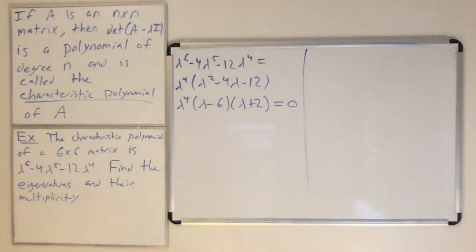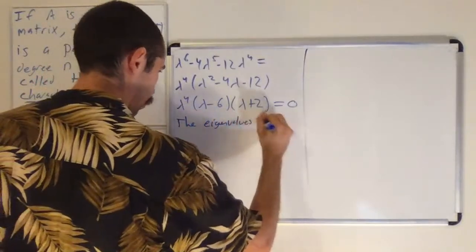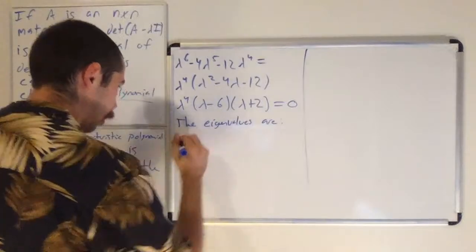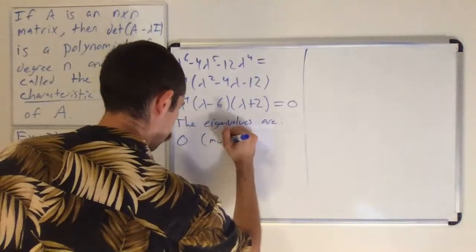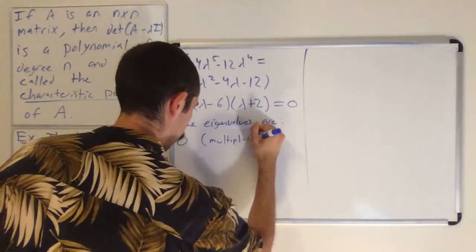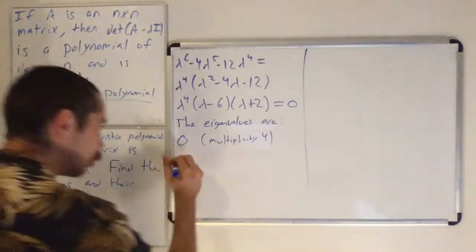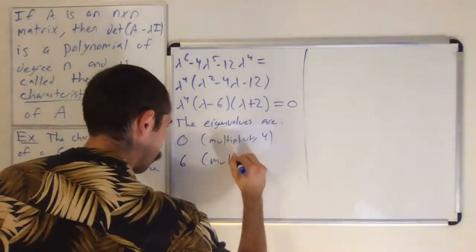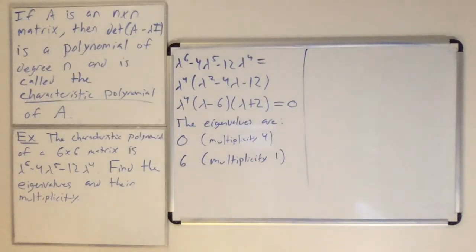And to find the eigenvalues, we set it equal to 0. And so our eigenvalues are 0 with multiplicity 4, 6 with multiplicity 1, and negative 2 also with multiplicity 1.